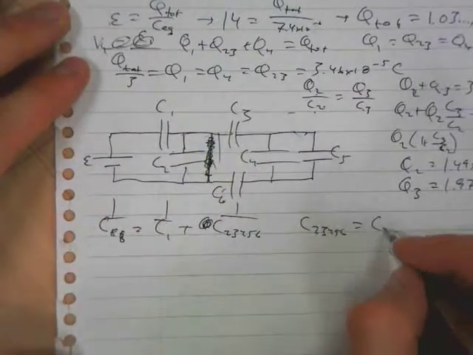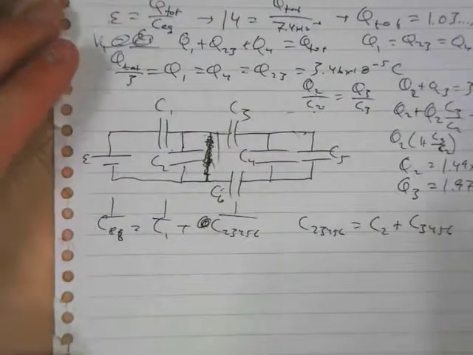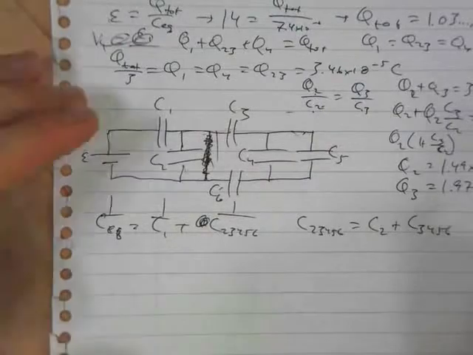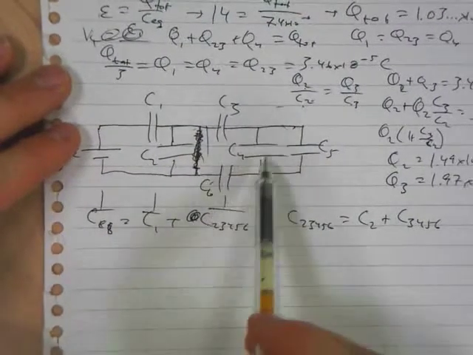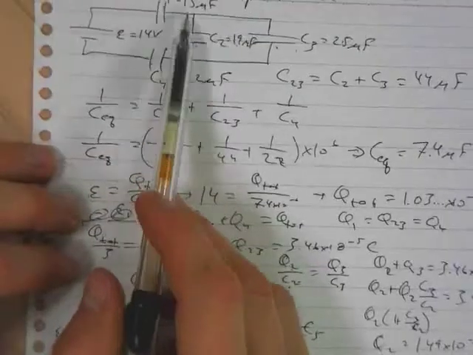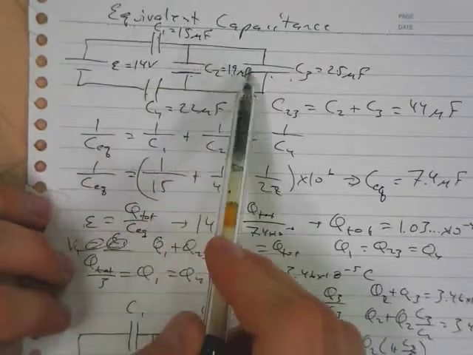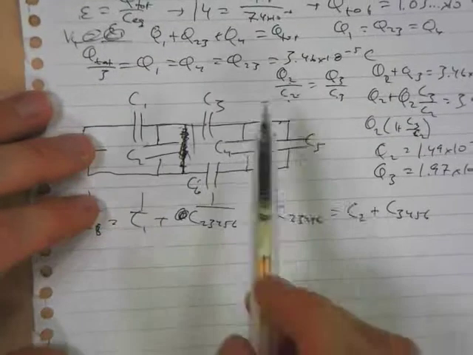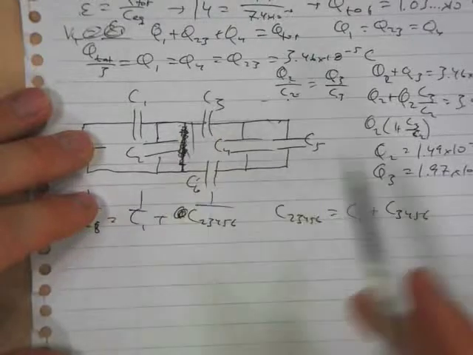C2 is in parallel with this, so C2 plus C3, 4, 5, 6 is equal to the equivalent of all of them combined. And then the rest of the circuit is just like our circuit was up at the top here, where C1 was in series with the parallel combination of 2 and 3 and 4. So C3 is in series with the parallel combination of 4 and 5 and 6.